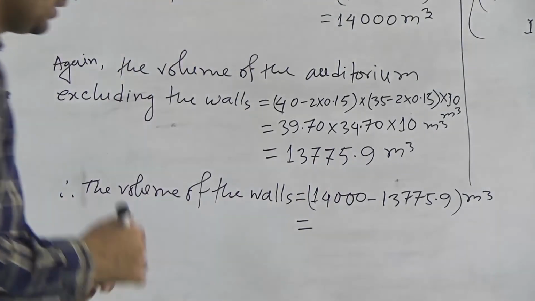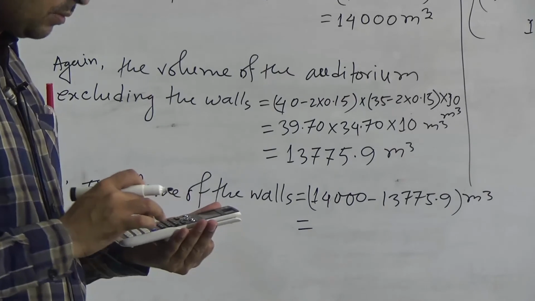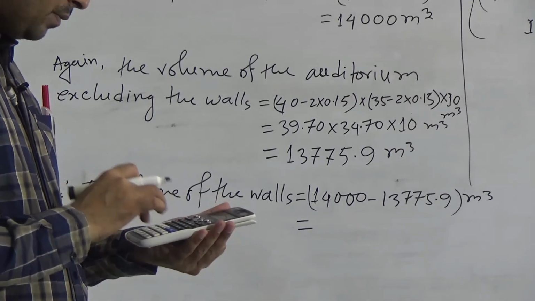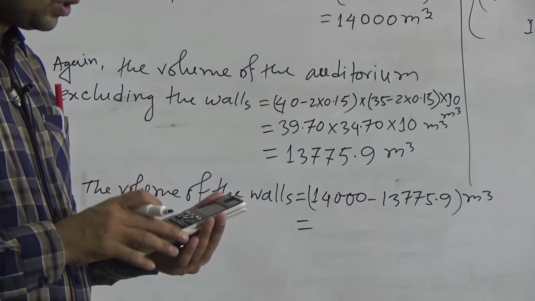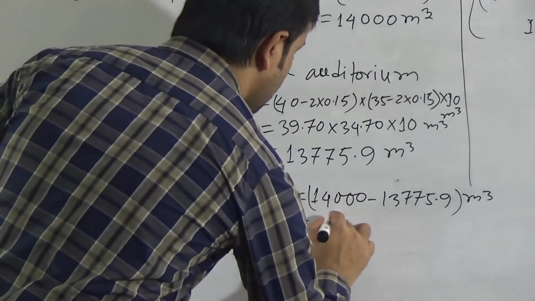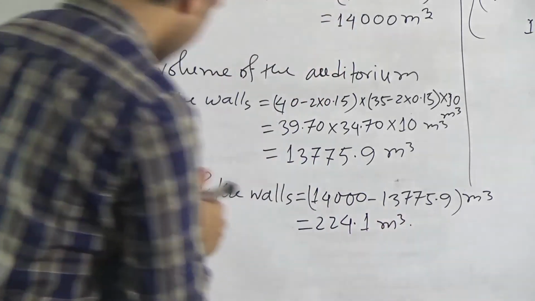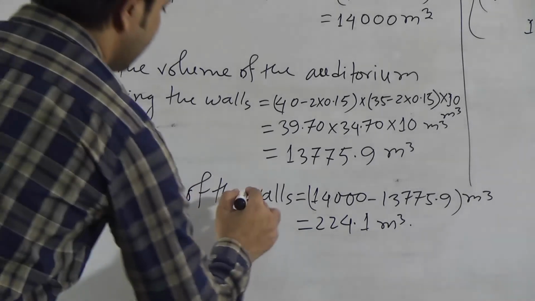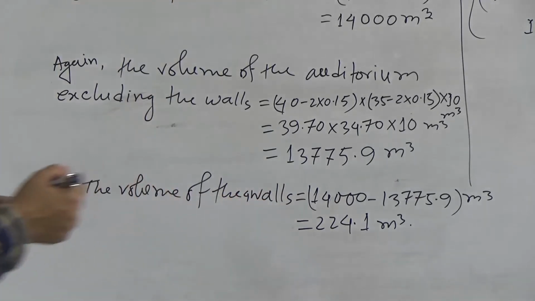If we subtract this now, that will be 224.1 cubic meter. Okay, dear students, this is the volume of the 4 walls. You can write here 4 walls, as the question is 4 walls.